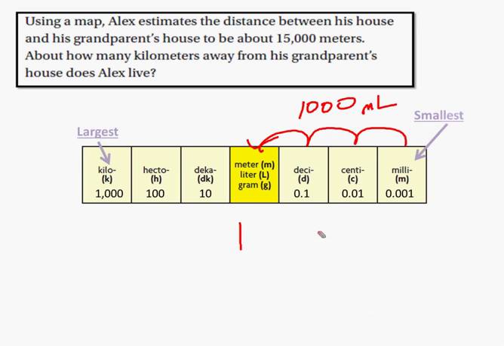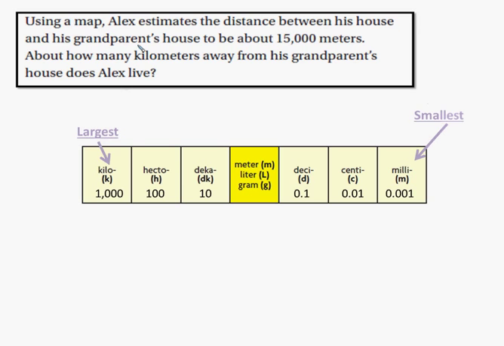And 1 milliliter is 1,000th of a liter, 1 millimeter is 1,000th of a meter, and there's a decimal form here, and 1 milligram is 1,000th of a gram. So we're going from largest to smallest. Now I'm going to show you how to use this to very quickly, very easily convert metric units, and you'll find that the math for this is really easy too.